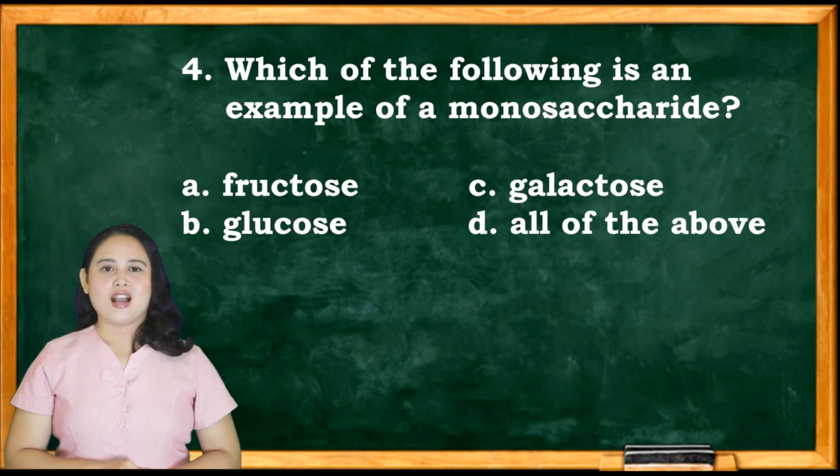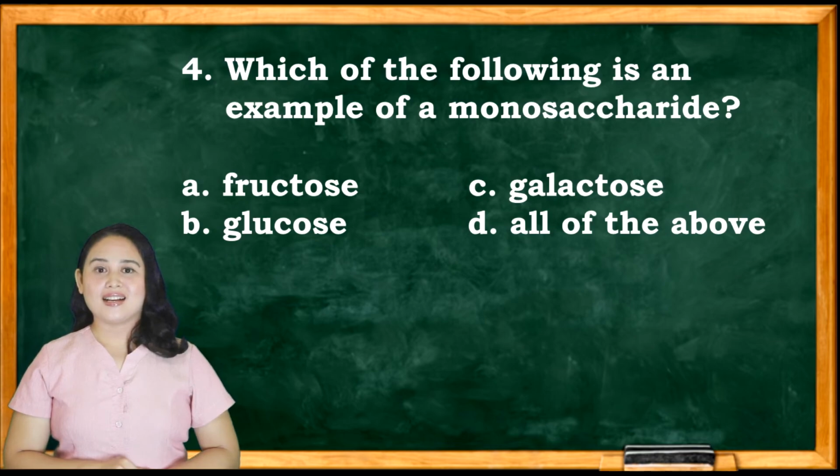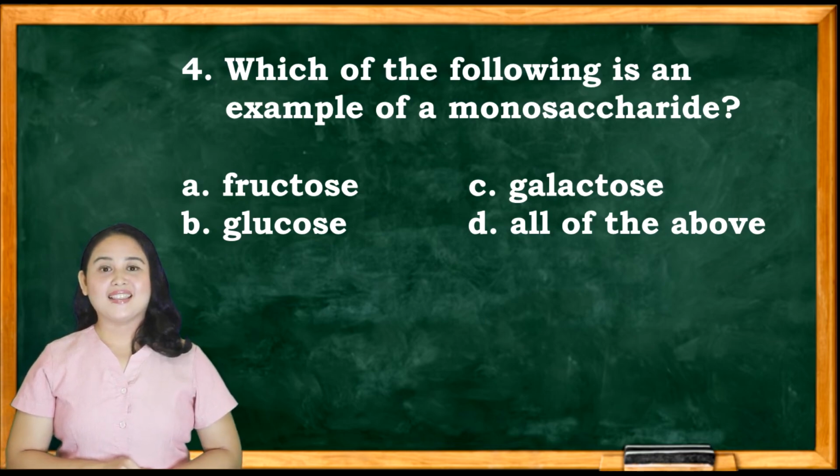Number 4. Which of the following is an example of a monosaccharide? A. Fructose. B. Glucose. C. Galactose. And D. All of the above.